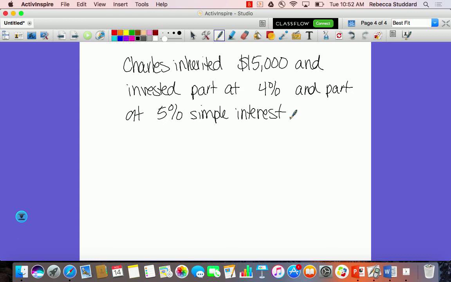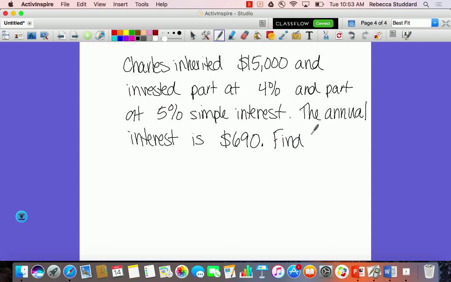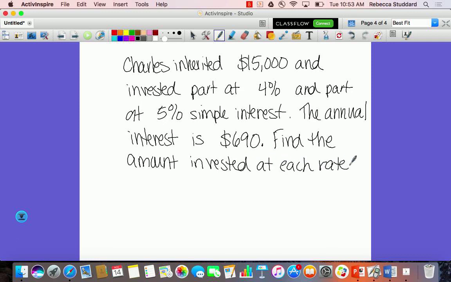At 5% simple interest. The annual interest is $690. Find the amount invested at each rate.